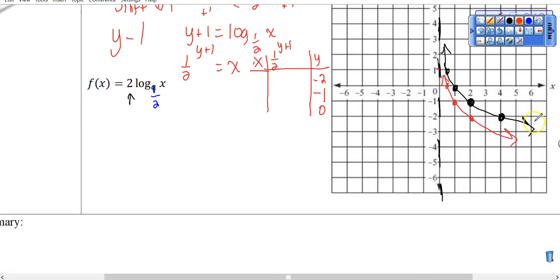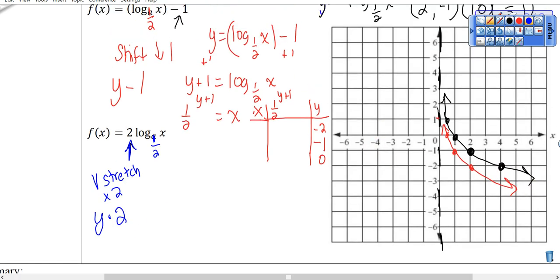Okay? All right, here's the last one. What is this 2 telling us we're doing to the log base half of x? Vertical stretch. So that's times 2. So we're taking all our y's and we're multiplying them times 2. All of our y's. So let's go over here to our parent function. What's my y right here? 1 times 2 is 2.